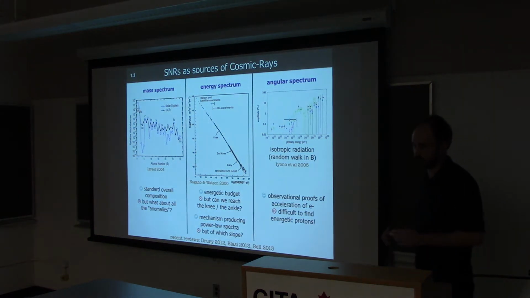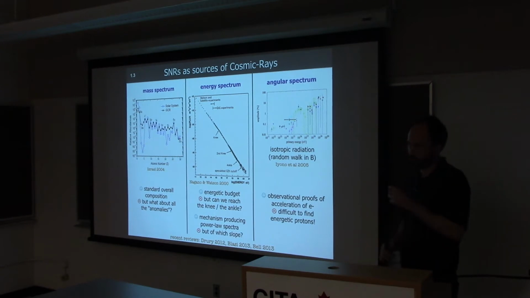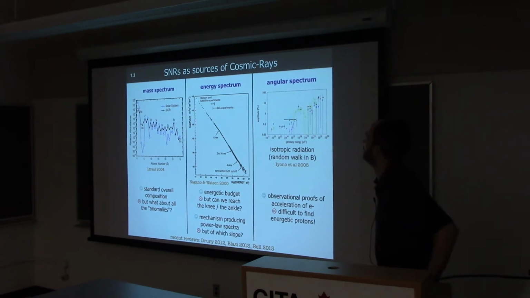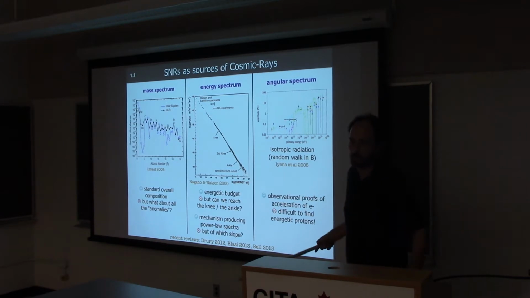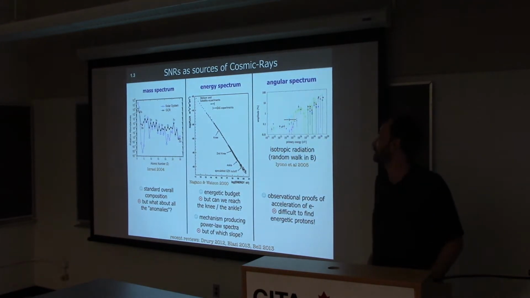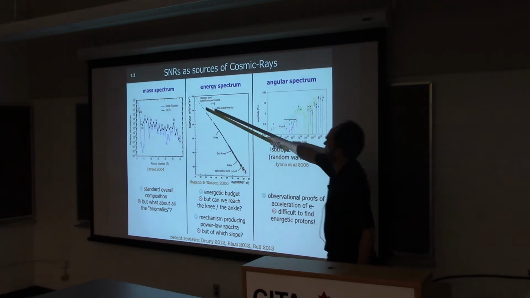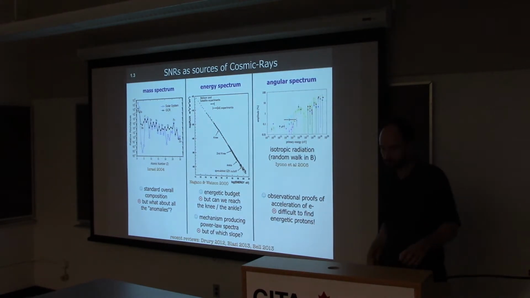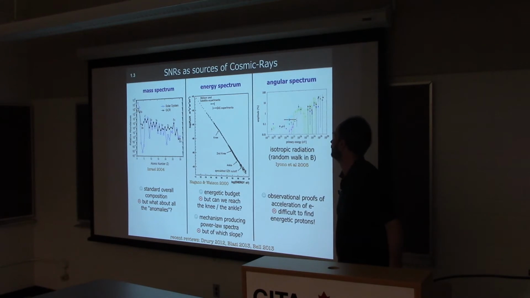The focus of my work before was more on particle acceleration, so just quickly to recall the observables of cosmic rays. This is the all-particle spectrum as observed on the Earth, which is an amazing power law over many orders of magnitude.